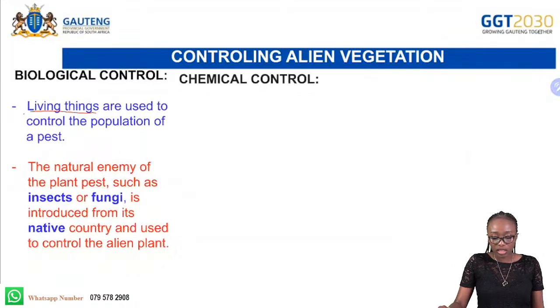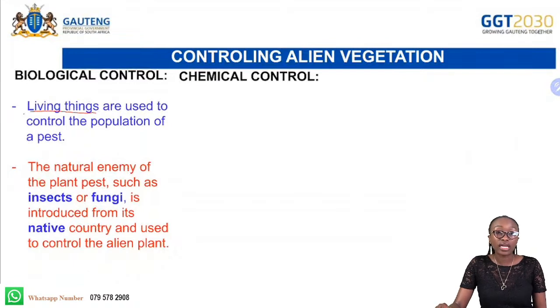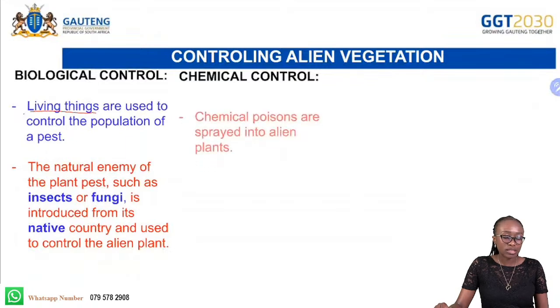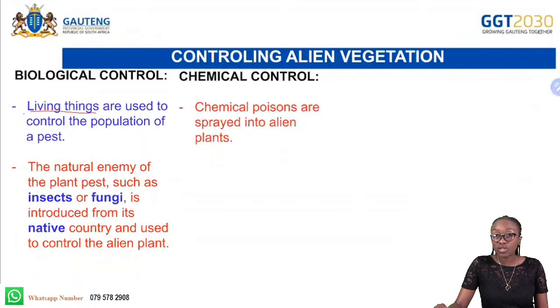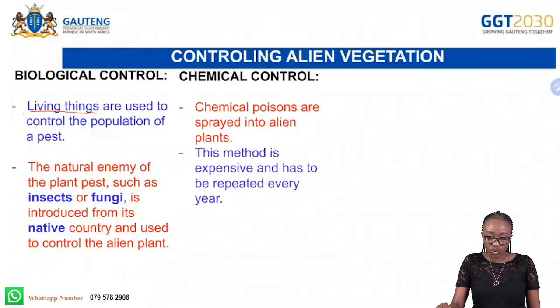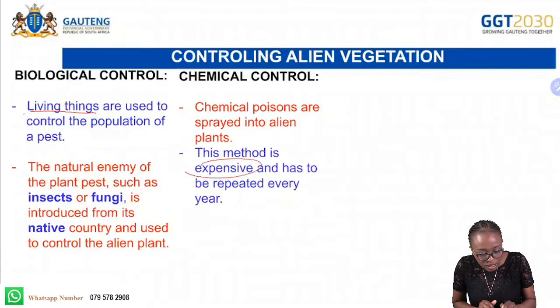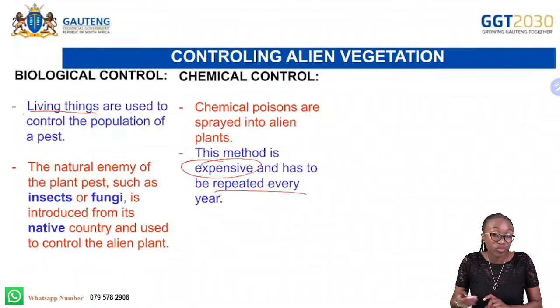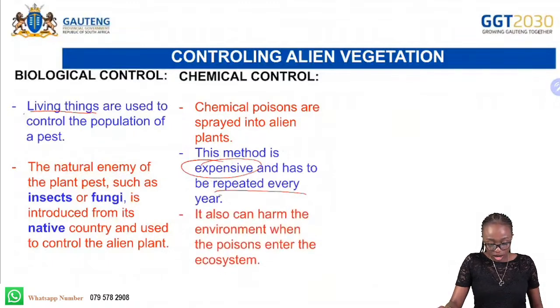A second way of controlling alien plants is chemical control. This one is a bit expensive. So what do they do during chemical control? Chemical poisons are sprayed on the alien plants to kill them. However, this method is expensive and has to be repeated every year.